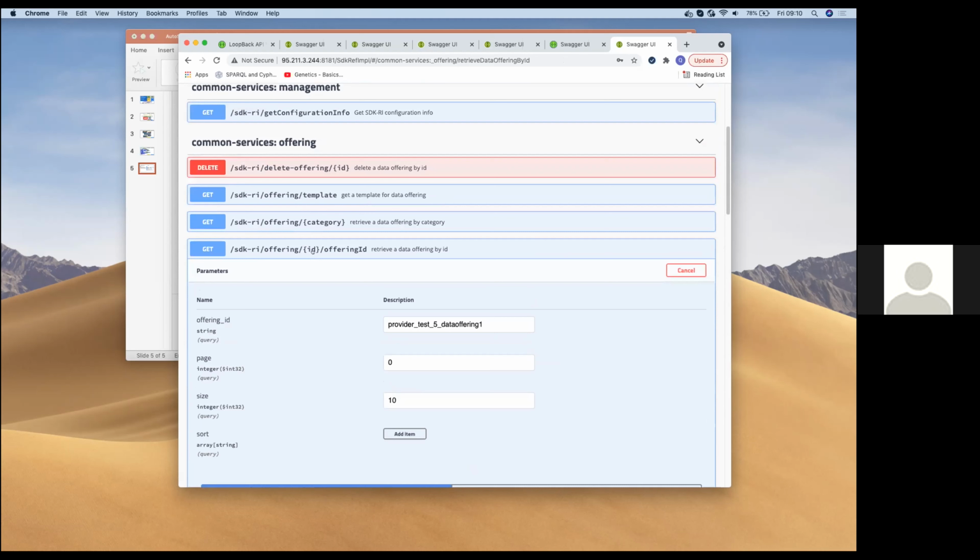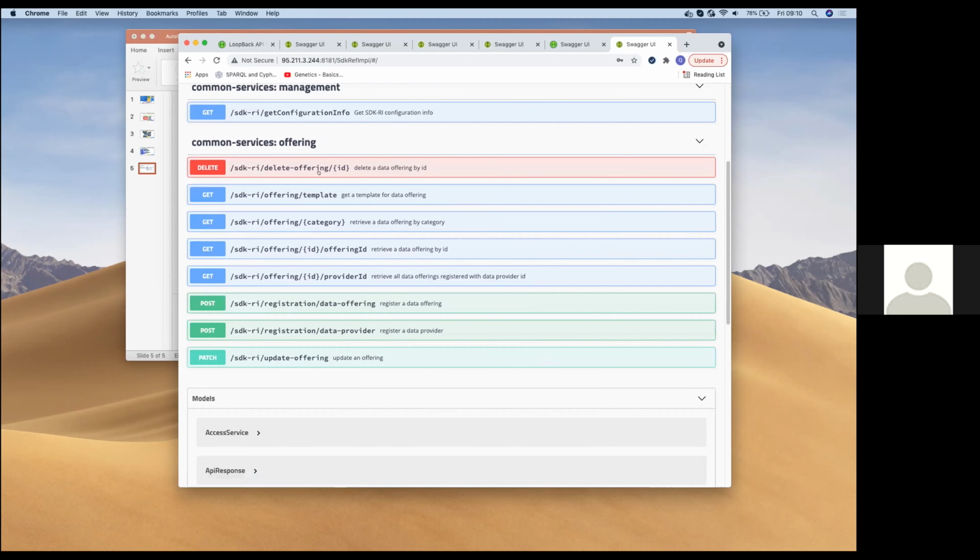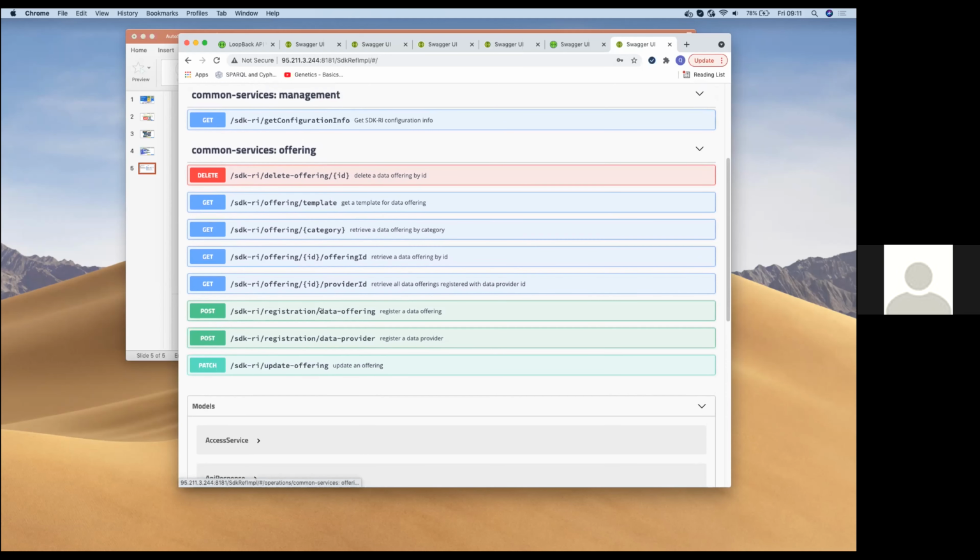These are the different kinds of APIs that we are exposing through the SDK reference implementation, but we have also implemented more APIs.